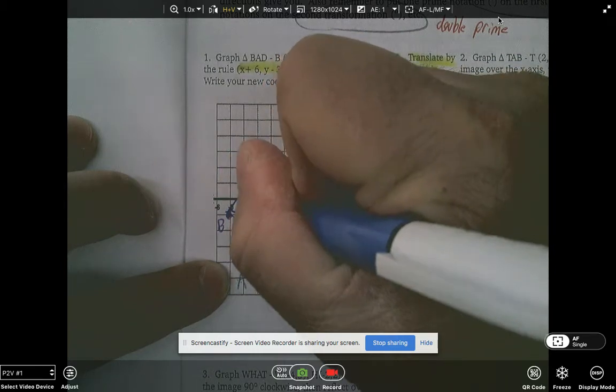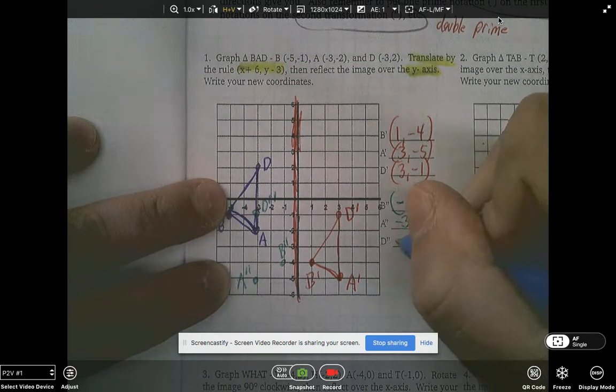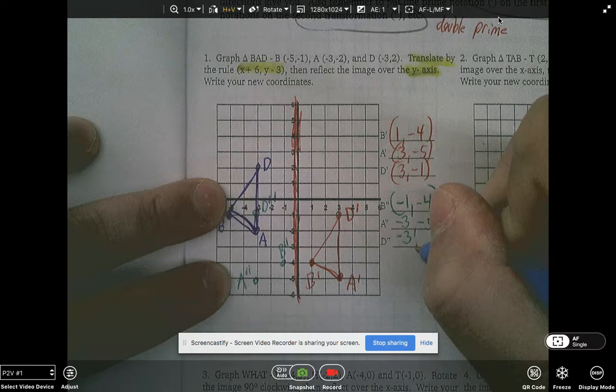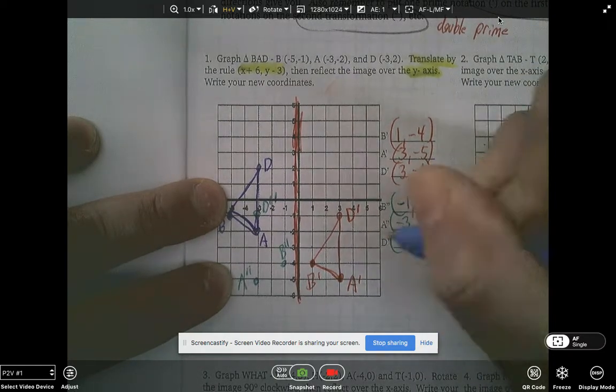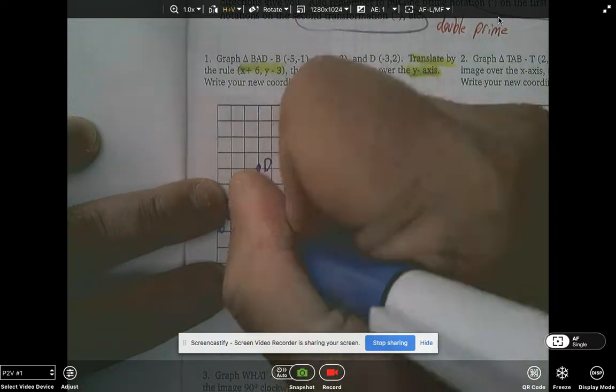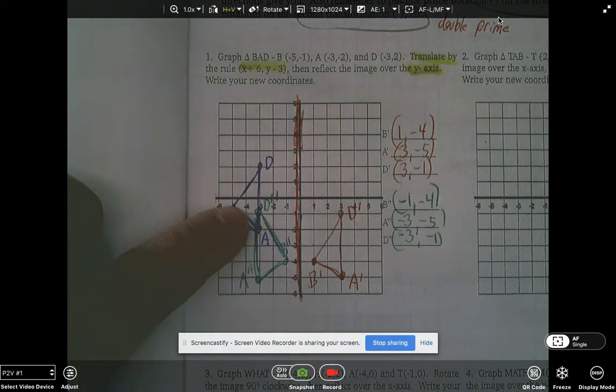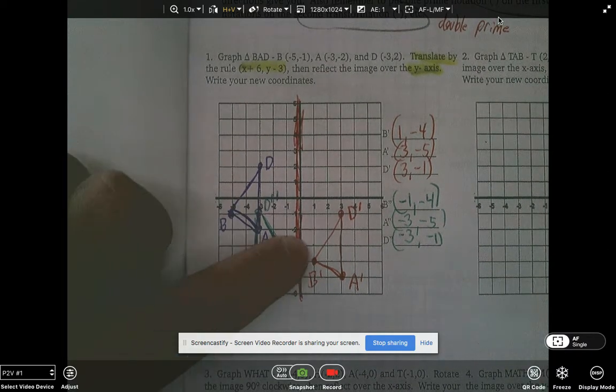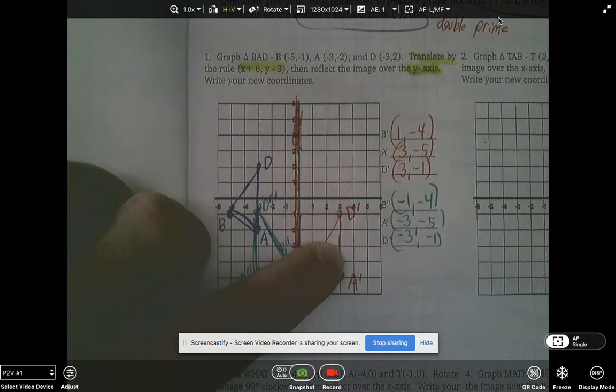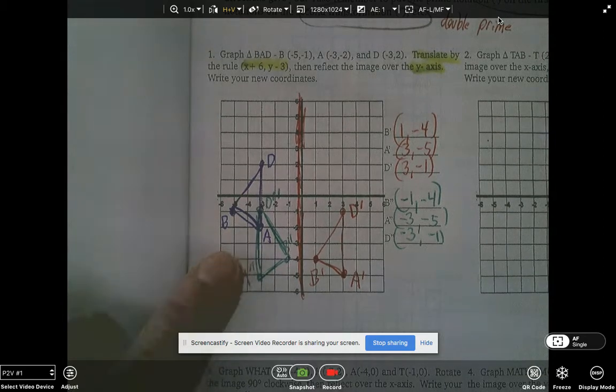This is D double prime. Of course, that's -3, -1. That's your first multi-step transformation. So we slid it down 3 and then over 6 to the right, and then we reflected over the y-axis.